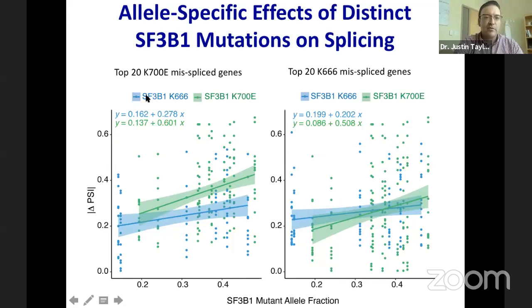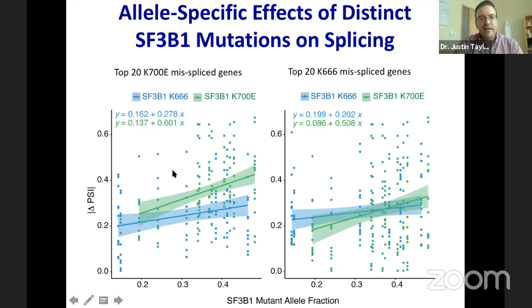And on the left, we plot the top 20 SF3B1 K700E misspliced genes. This is the change in the percent spliced in, so it's a measurement of aberrant splicing, and the higher the fraction, the more aberrant splicing. And on the bottom, we have the SF3B1 mutant allele fraction.